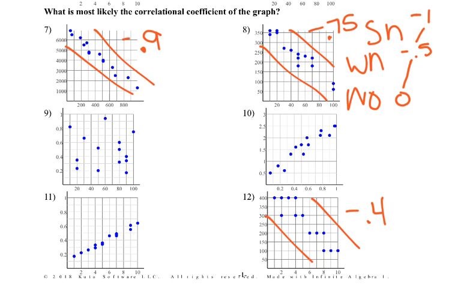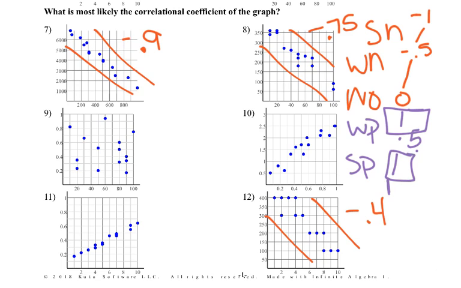All right. Now for positives, we go weak positive, then strong positive, so it goes from 0 to about 0.5 as the difference between weak and strong, and then to +1. Anything between 0 and 0.5 would be a weak positive. Above 0.5 to 1 would be strong positive.